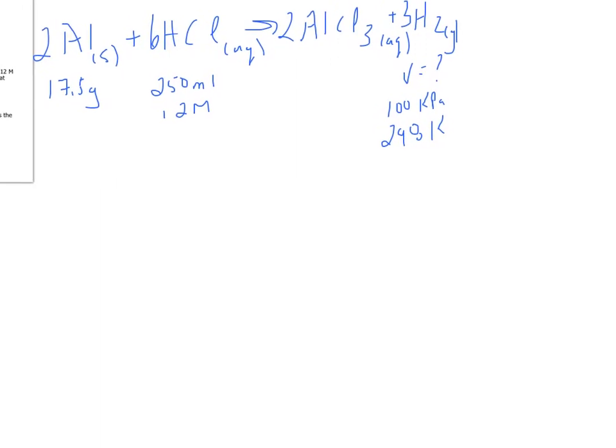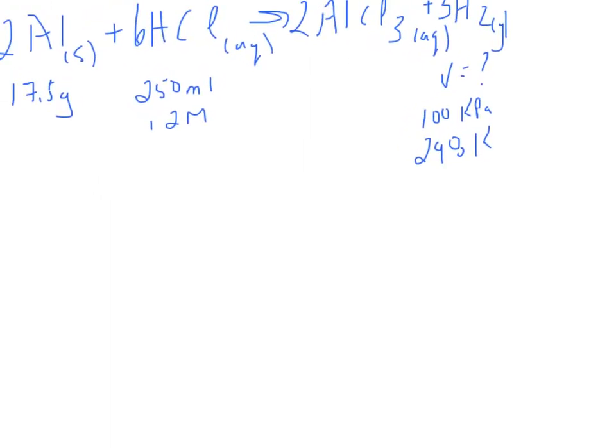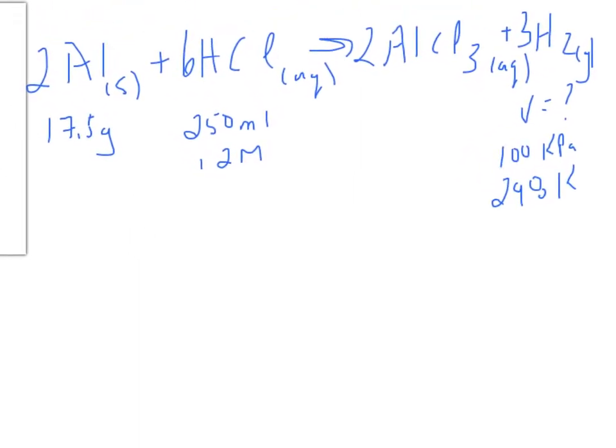So if I start off with the aluminum first, in order to take my 17.5 grams and change it into moles, I have to divide by the molar mass, which is 26.98 grams per mole.